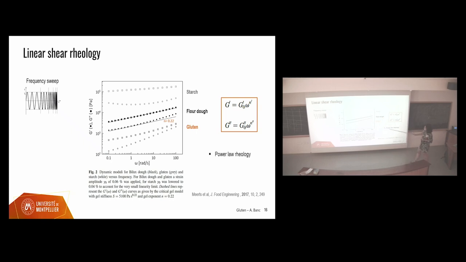And for gluten, we have this kind of shape with a power law regime at high frequency here, but it depends on the measurement that you perform, the gluten that you have, and so on. But we can say that we have a power law regime in a limited range of frequency.